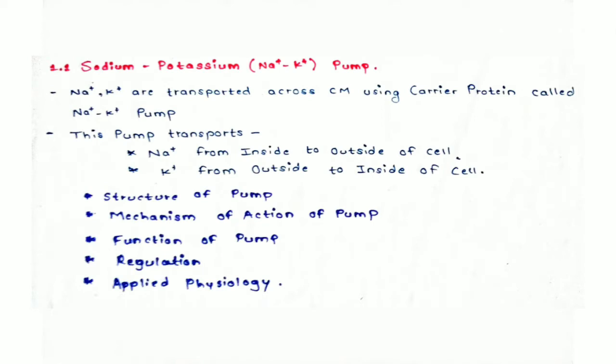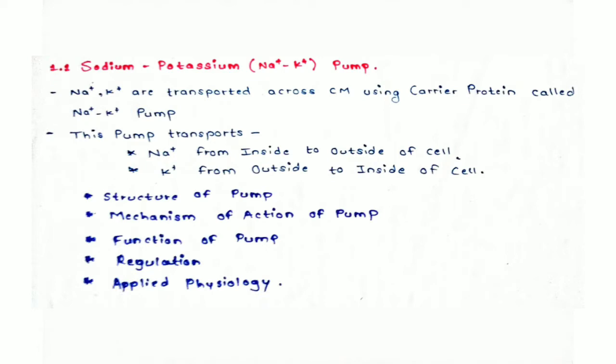First, the sodium potassium pump, or you can say sodium potassium ATPase. It is very important, and we are going to learn this in detail compared to the other pumps. Sodium and potassium are transported across the cell membrane using a carrier protein called the sodium potassium pump or sodium potassium ATPase.